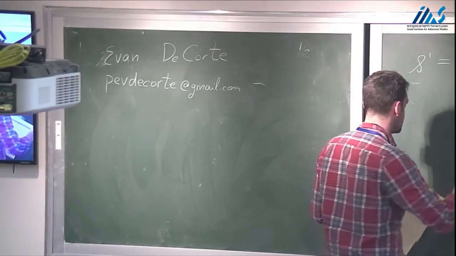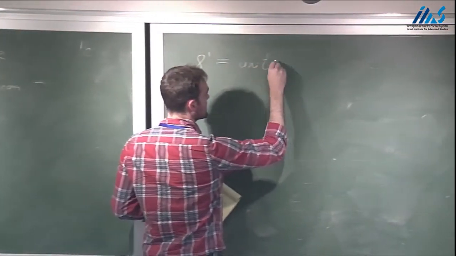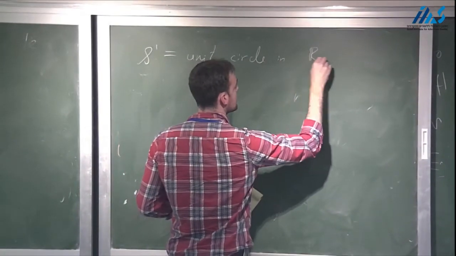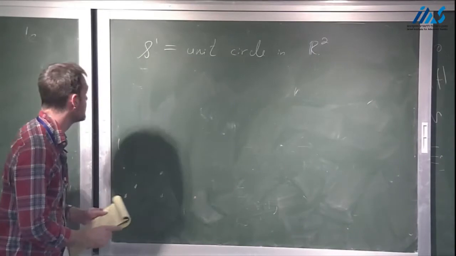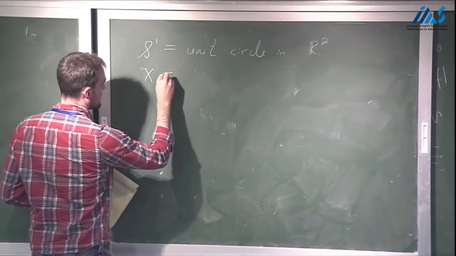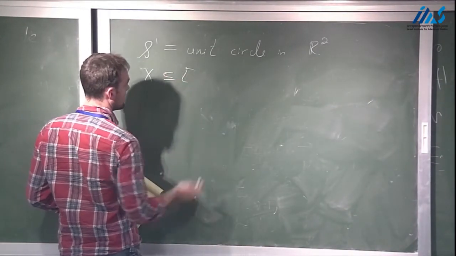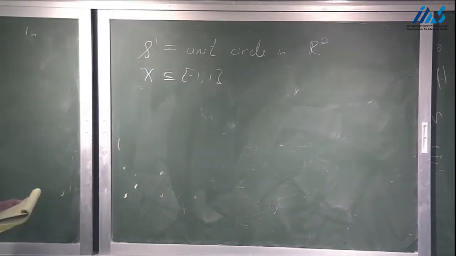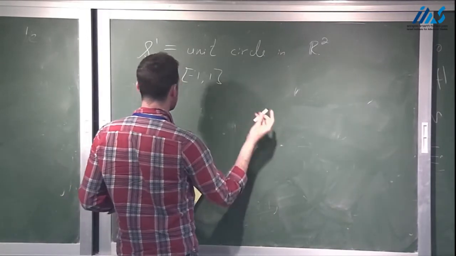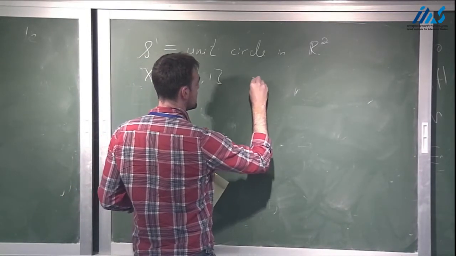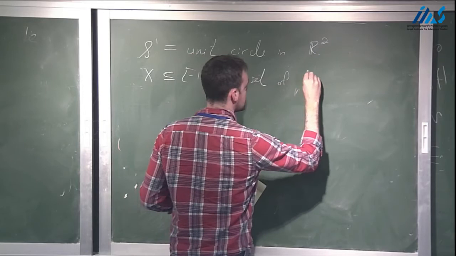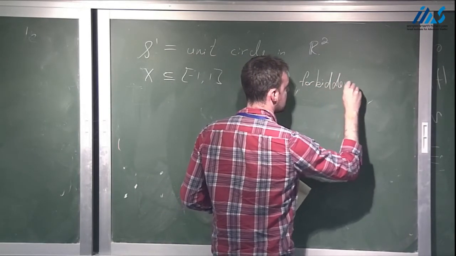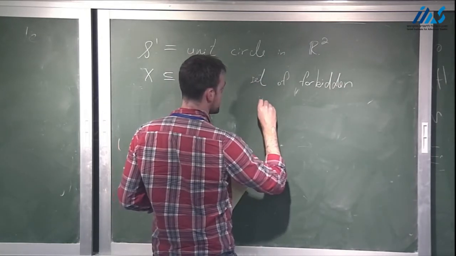S1 will denote the unit circle in R2. And now we take some subset of the closed interval going from -1 to +1, and we think of this as a set of forbidden inner products.